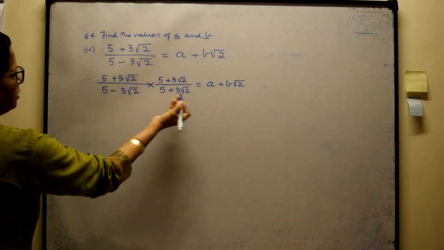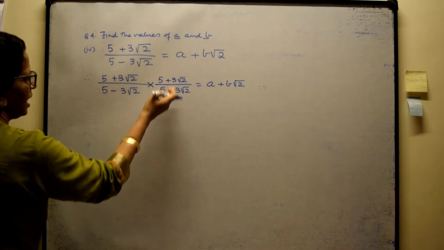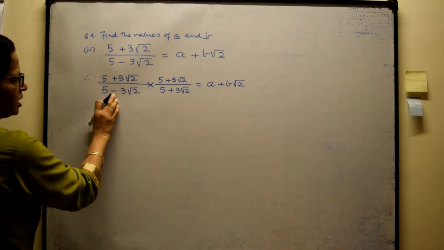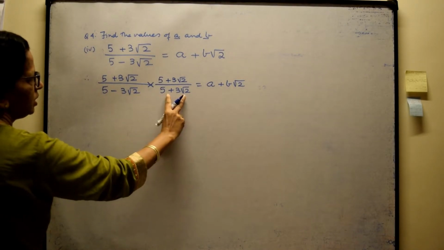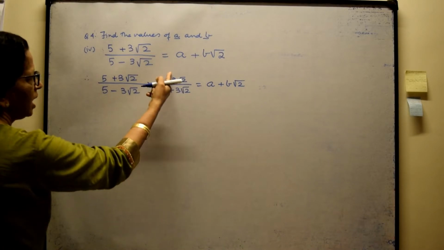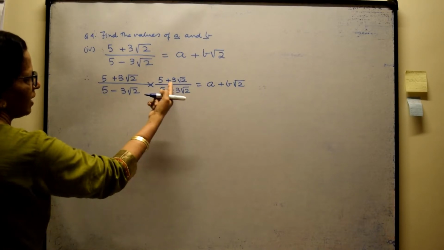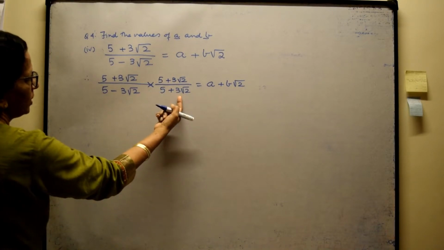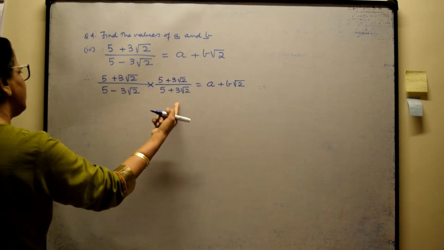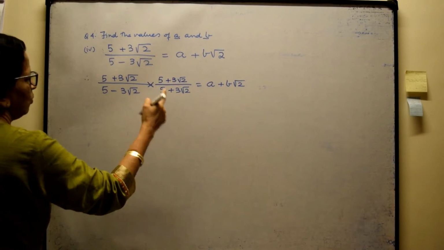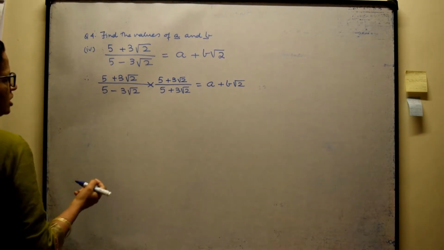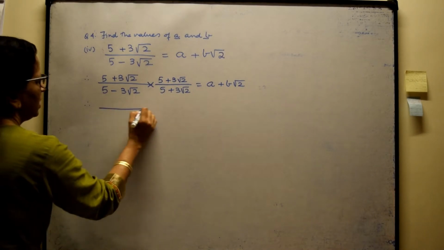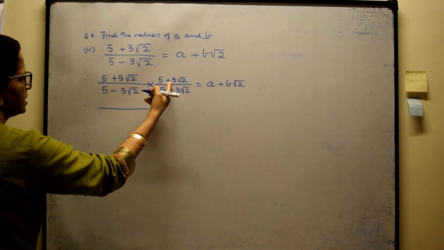Now, on the left hand side, you will see that we have rationalized the denominator by taking the opposite sign. If there is minus, we have taken plus between the two numbers, and we are multiplying and dividing by 5 plus 3 root 2 in the denominator as well. So actually we have multiplied by 1, which means this value will not change at all. Now in the numerator, you will see both the signs are same.